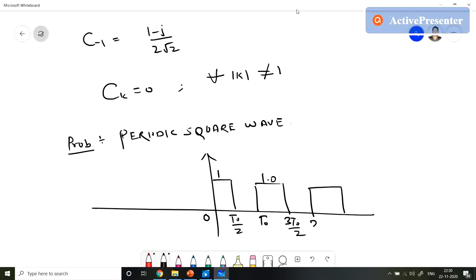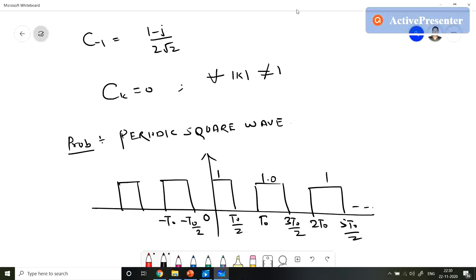Then we have 2T0 to 5T0 by 2, it is 1, and it is repeating. So this is minus T0 by 2, this is minus T0, this is minus 3T0 by 2, this is minus 2T0.